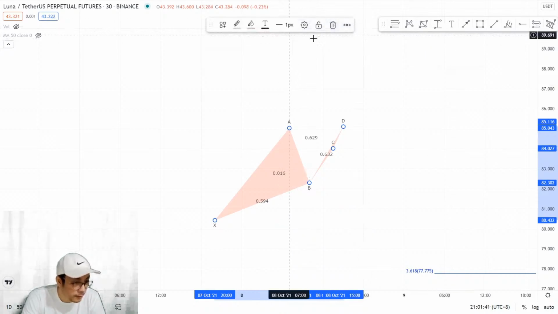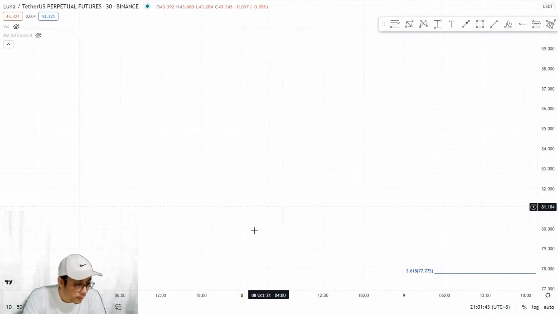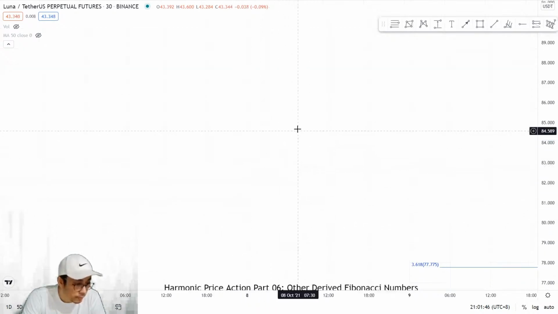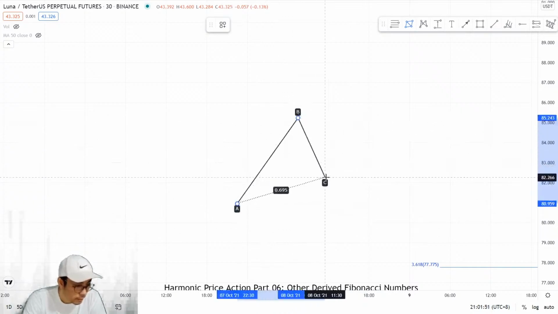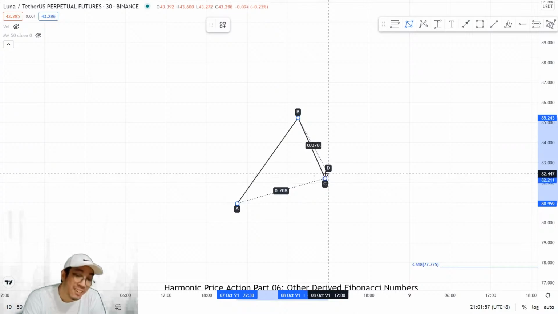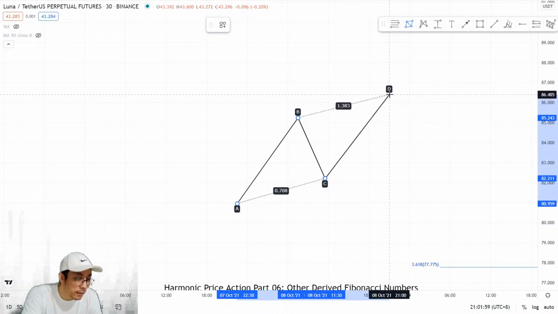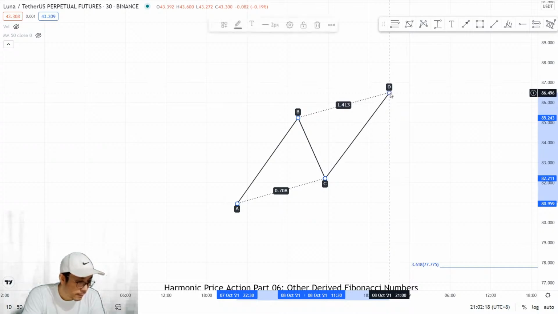We'll use first the ABCD, and we'll use the 0.707. It goes down to 0.707. Didn't reach the 0.786. Then usually the equivalent is 1.41. This one, 1.41. A little bit more.